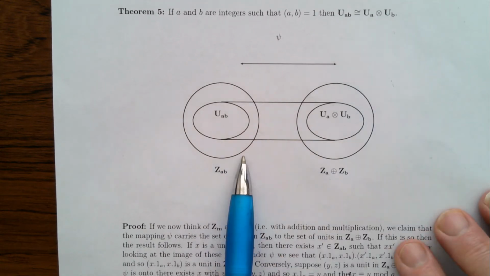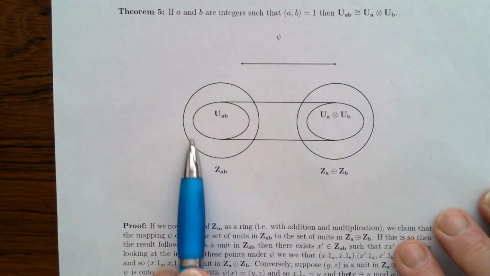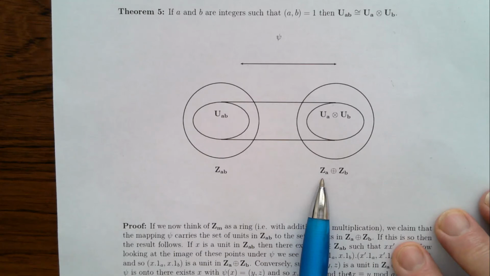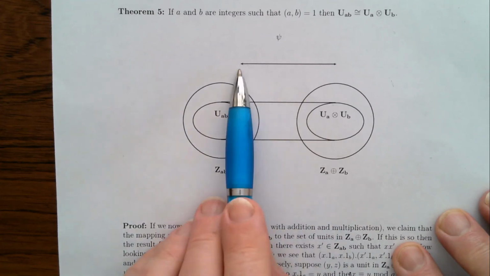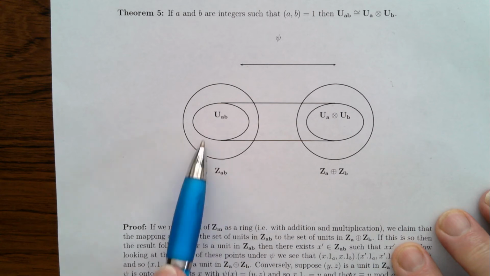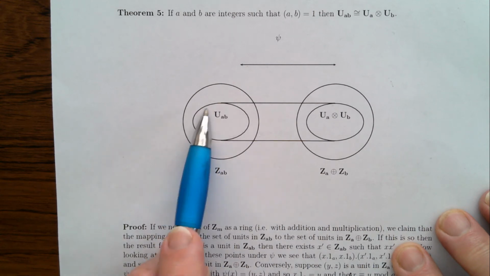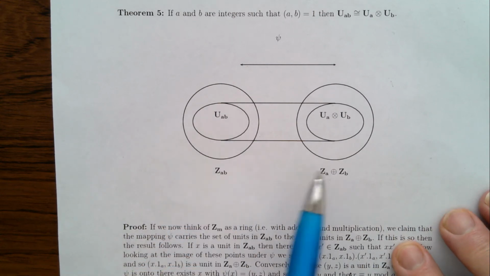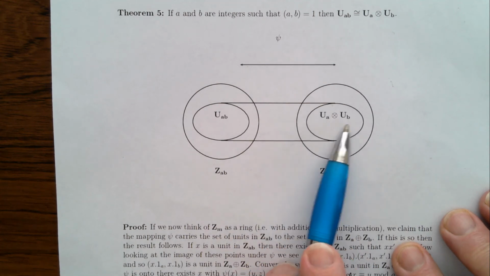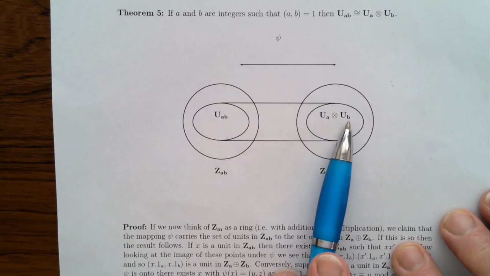Here's my ring. I'm now going to think of this ZAB as a ring, and there's my ring ZA direct sum ZB, and we have an isomorphism between these two now if A and B are relatively prime. And living inside this ring is the group of units, and over here there's the group of units in these two, or the direct product of the group of units here.